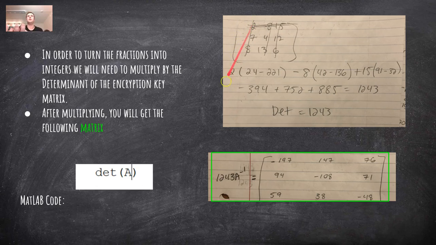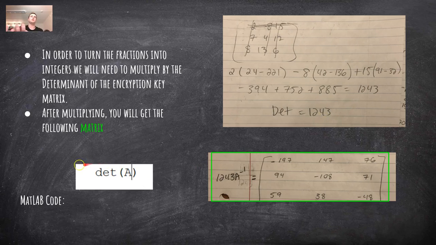You will have 2 times 24 minus 221 minus 8 times 42 minus 136 plus 15 times 92 minus 32, and the determinant of our encryption key matrix is 1243.